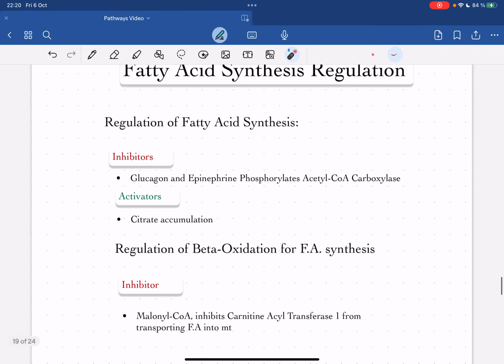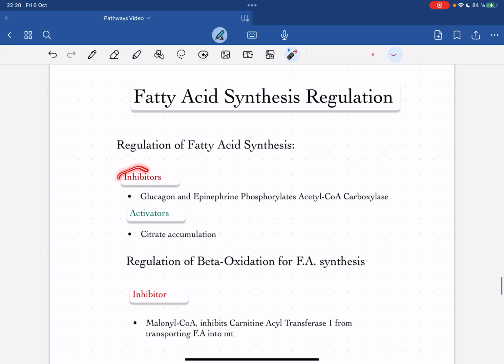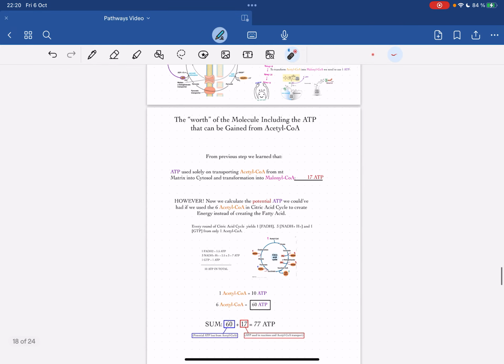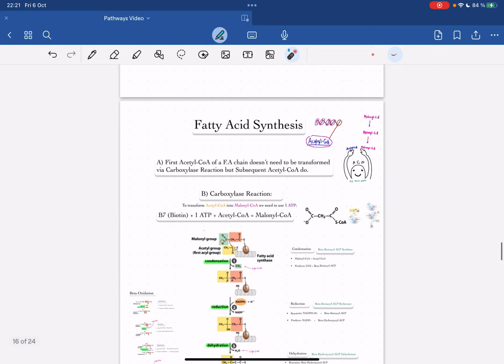All right, next up is regulation methods for fatty acid synthesis. So number one, the biggest inhibitors of fatty acid synthesis is of course glucagon and epinephrine, which would phosphorylate acetyl-CoA carboxylase. And what did acetyl-CoA carboxylase do?